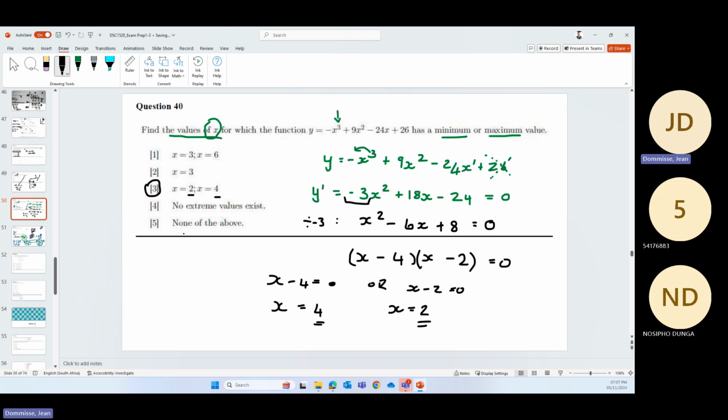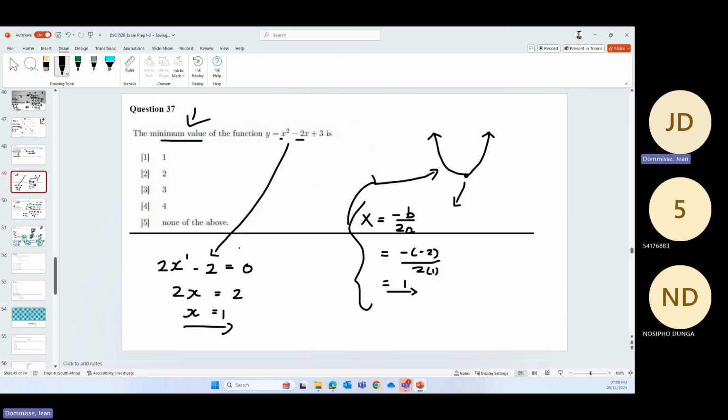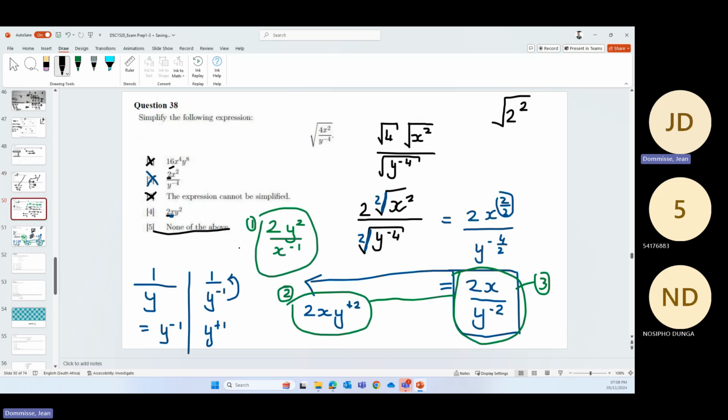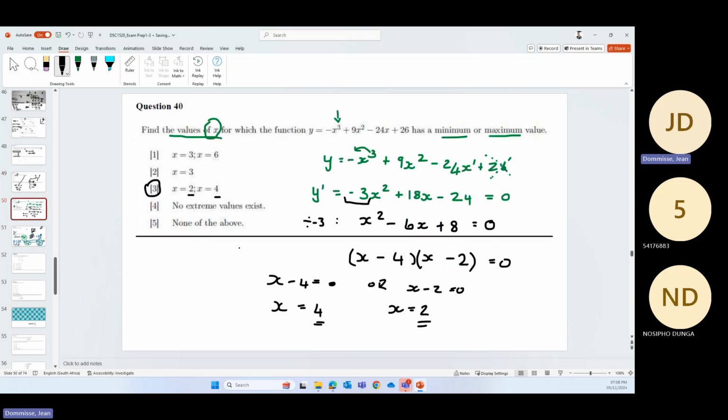So when we get to differentiation, that is when we can solve the two x values. Okay, so I think it now flows nicely from this one into this question.